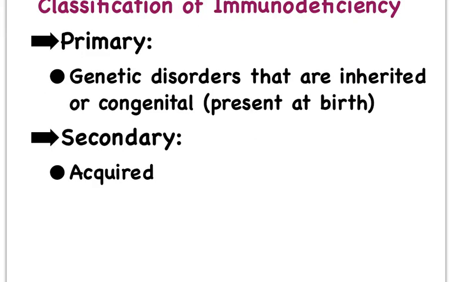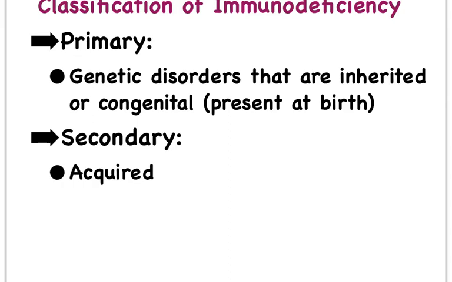That said, we can classify immunodeficient disorders based on whether they are genetic disorders that are literally inherited, or they might be present at birth and therefore develop de novo, meaning it's a new mutation.